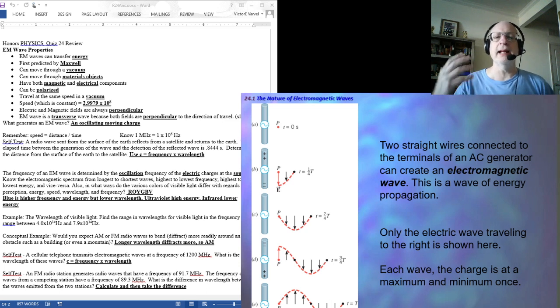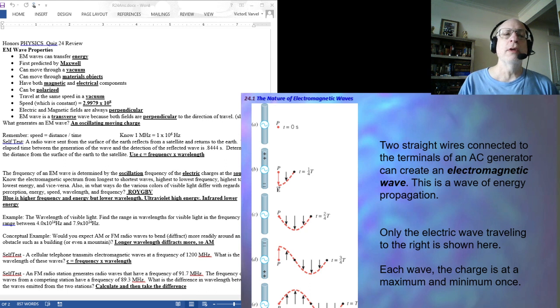Waves are propagating energy. Now, only the electric wave is shown in this drawing, but you can see that if I was to have the flow of electricity, in one moment it's positive one way, negative the other way, and then it switches up. So the starting point is the farthest point to the right. The current point is the point to the left here.